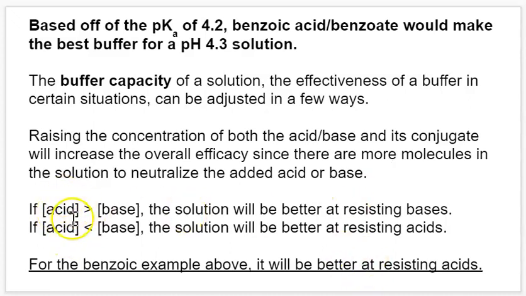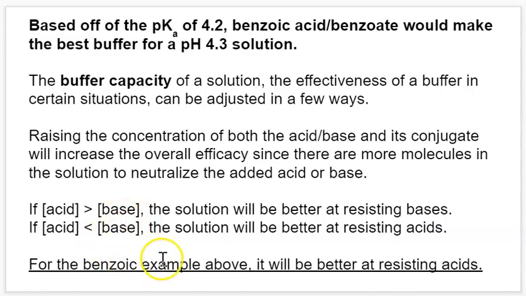If the amount of acid in the solution is more than the base, the solution will be better at resisting bases because we'll have more acid available to do so. And vice versa, if the acid concentration is less than the base concentration, it's going to be better at resisting acids because we'll have more base available to neutralize the acid that's added.